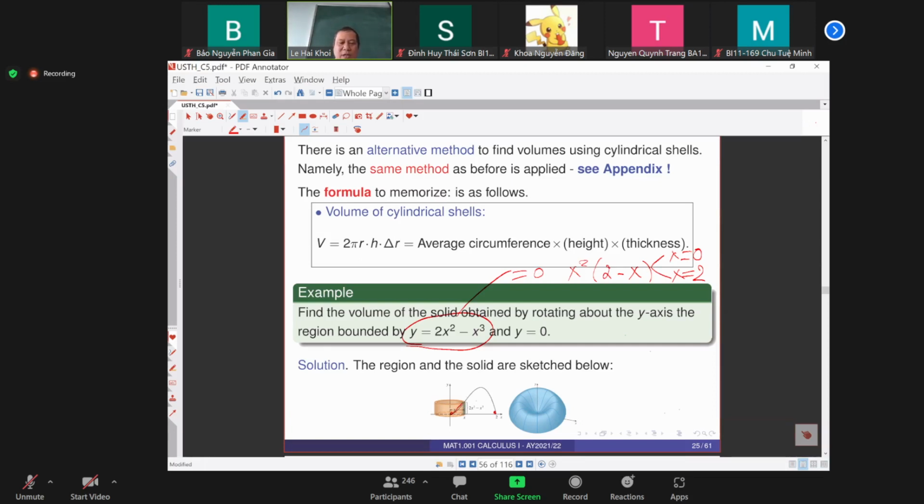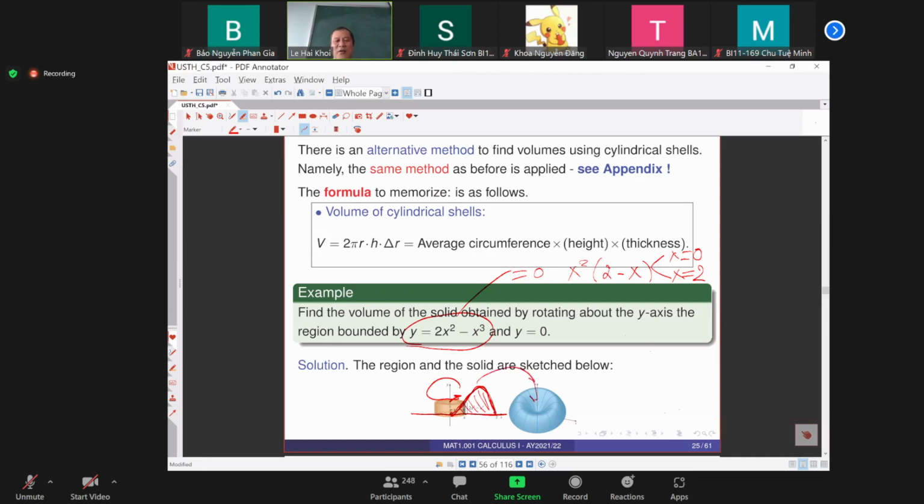Y equal to 0, which means the x-axis. So you have this region. And this region now you rotate about the y-axis, then you get these things.